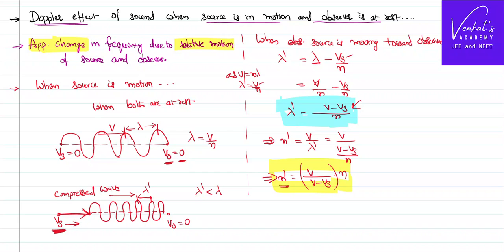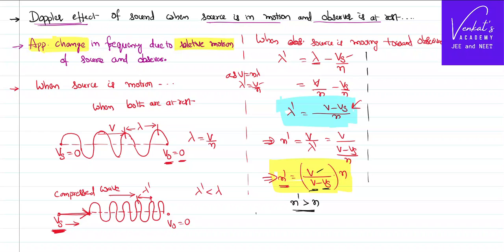Be careful, right? If you notice a little carefully, in the numerator you have the velocity of sound, in the denominator you have the velocity of sound minus something. So the denominator is less than the numerator. So the apparent frequency n dash is greater than the original frequency n.